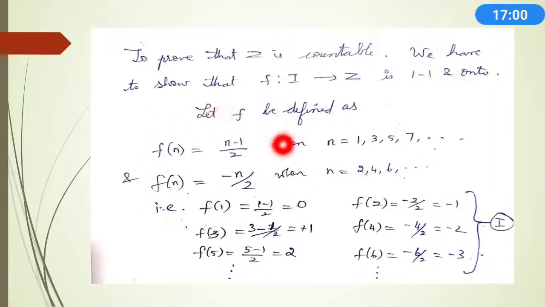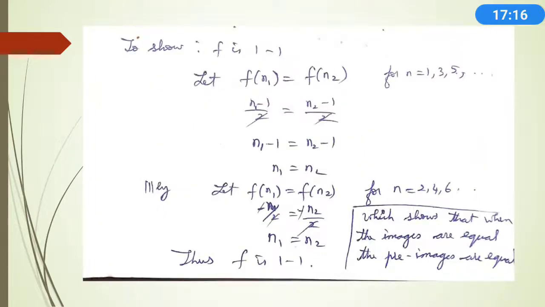So, what is the step to prove 1 to 1? If the images are equal, we have to prove what? The inverse images are also equal. Since we have two cases, odd and even, for both cases we have to show that if the images are equal, the inverse images are also equal. So first consider the first case.